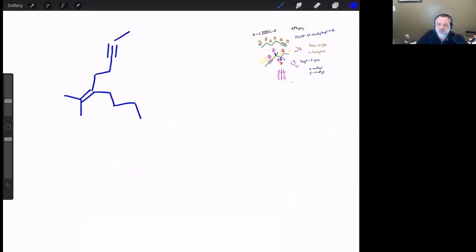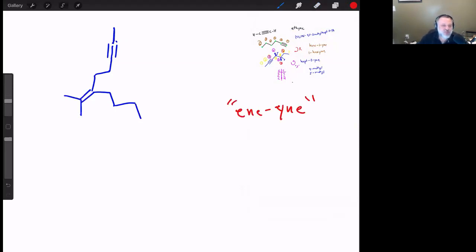I don't know if you remember us talking about this, but at the end of the day, a double bond is higher priority than a triple bond. So the only thing is, when we have this, it's an ene-yne. That is the type of molecule this is. It has a double bond and a triple bond.